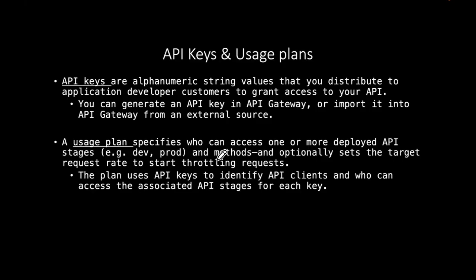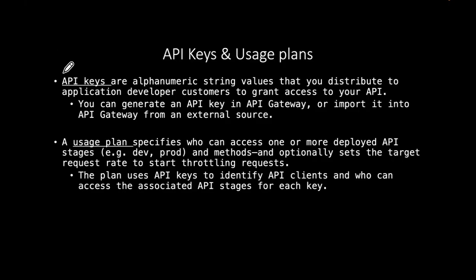There's nothing in the Lambda side that is affected by API keys, because API keys are going to be used by API Gateway to determine whether it should proxy a request on to the backend or not. So this really only concerns your stack code.